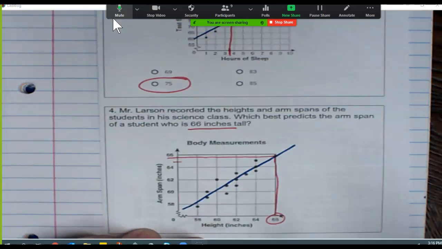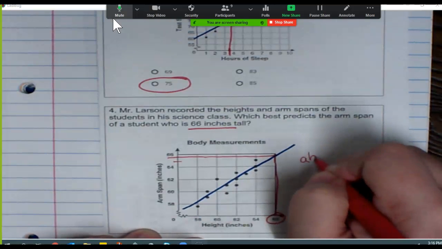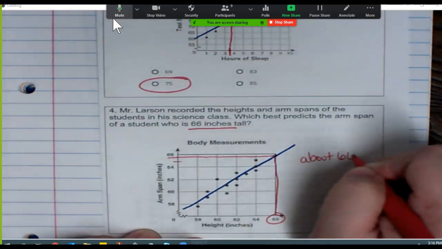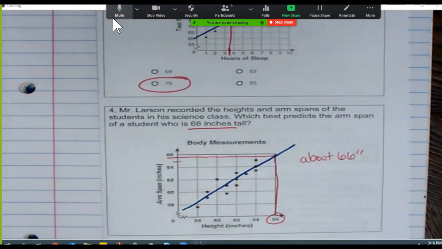So if you wanted to round it to a whole number, I would absolutely be okay with about 66 inches. If you wanted to be specific and say 65.9, fine. But you're never going to have an answer choice where you have to choose from 69.5 and 66. It'll be an obvious, easy choice.